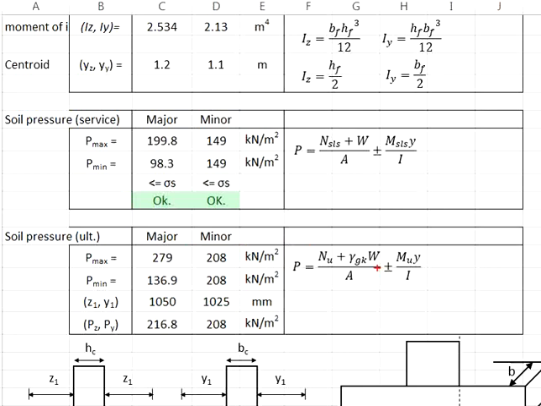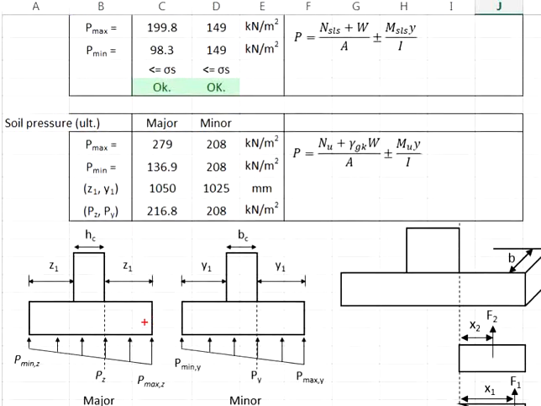Same thing, because of the bending moment in the major axis, the soil pressure at the ultimate limit state redistributes, leading to one end having a higher stress and the other end having a lower stress. As for the minor axis, because there is no moment, we assume the stress will be equal throughout. Having the soil pressure determined, we will use this to determine the moment and the shear force.